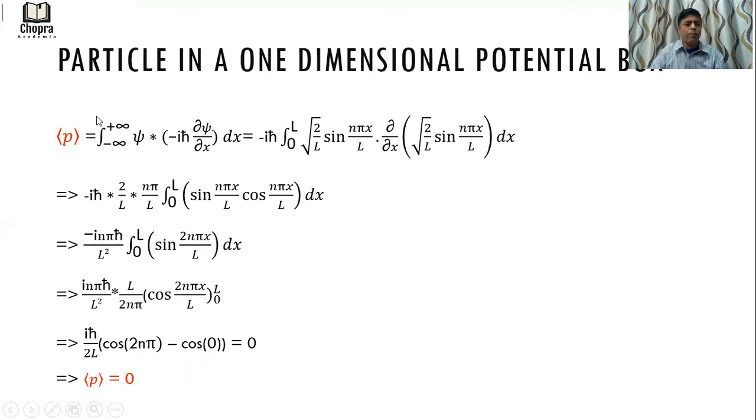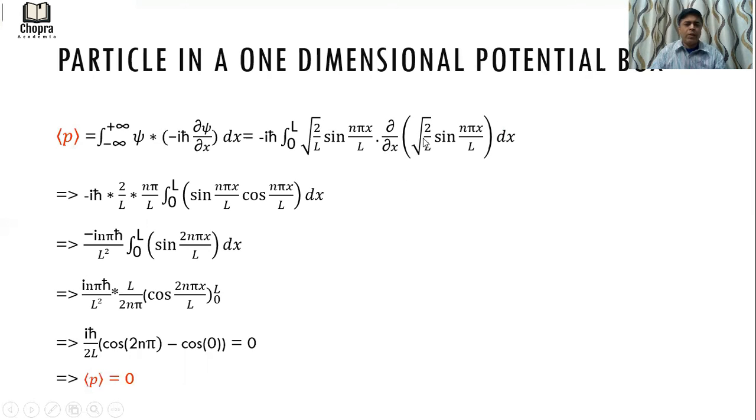So as we know the formula already by now, we have the normalized wave function and the numerator is integration from minus infinity to plus infinity psi star brackets minus i h cross dou by dou x of psi. Now this operator P is operating on the right hand side, that is your psi, and we open it up and we get minus i h cross integration from 0 to L root of 2 by L sine of n pi x by L, that is your psi star, times dou by dou x of psi again.